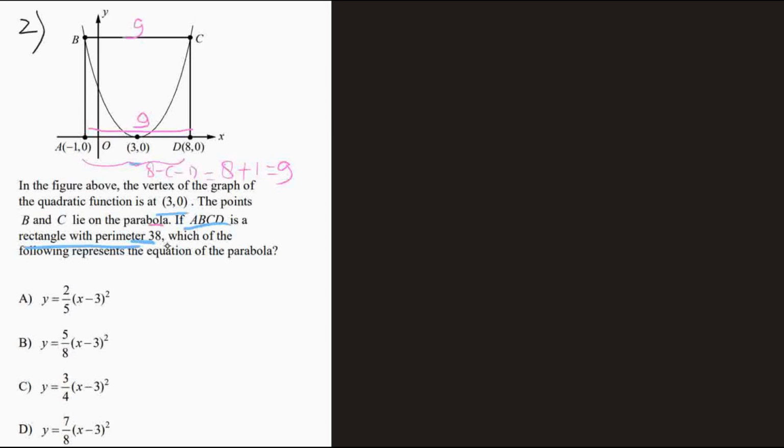Now if the perimeter is 38, we can write the other sides as y and y. So now we have 2y plus 18 equals 38, because the perimeter is 38.